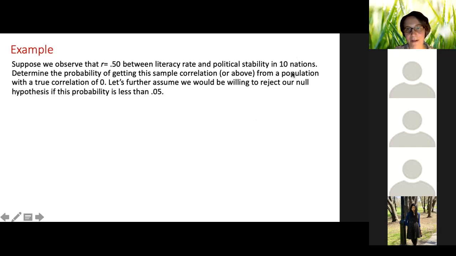So what are the nations in this example? I don't ask you what the concrete nations are. I just want to make sure that the example is clear.